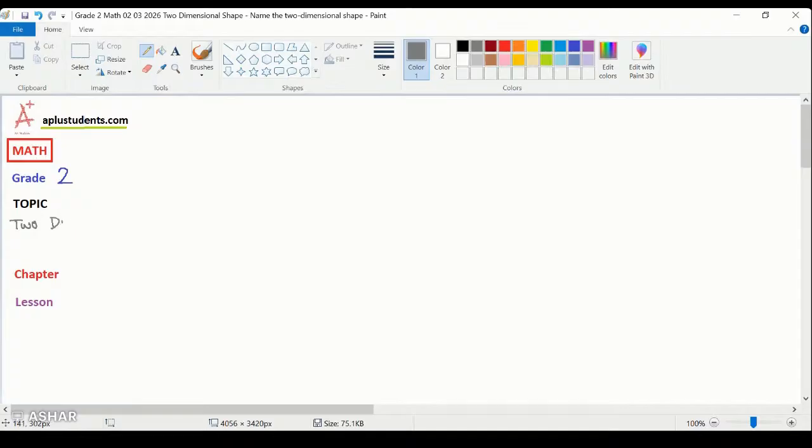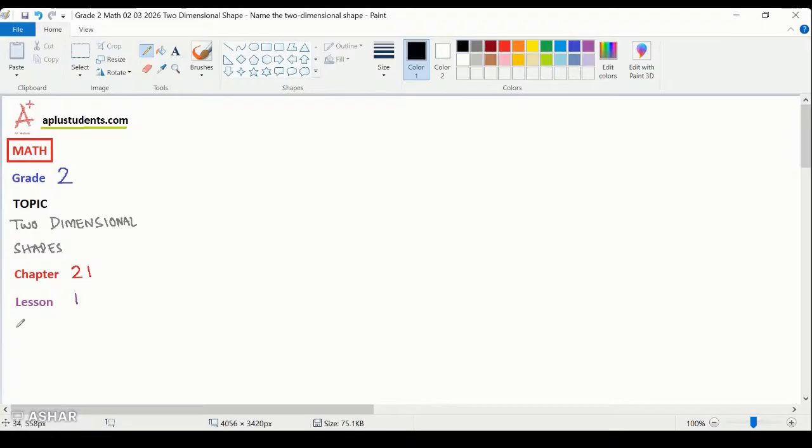two-dimensional shapes. And the chapter number is, I'll just give you the chapter and the lesson number. The chapter number is 21 and the lesson number is 1.